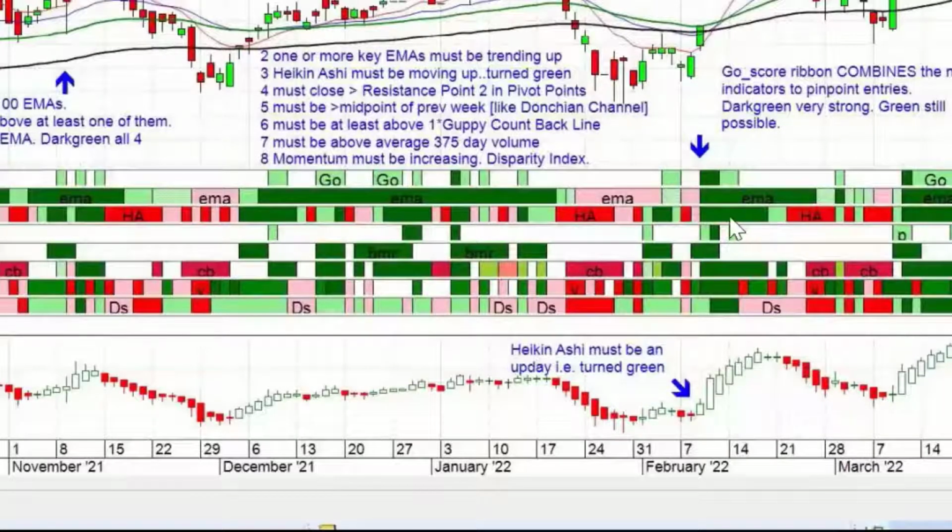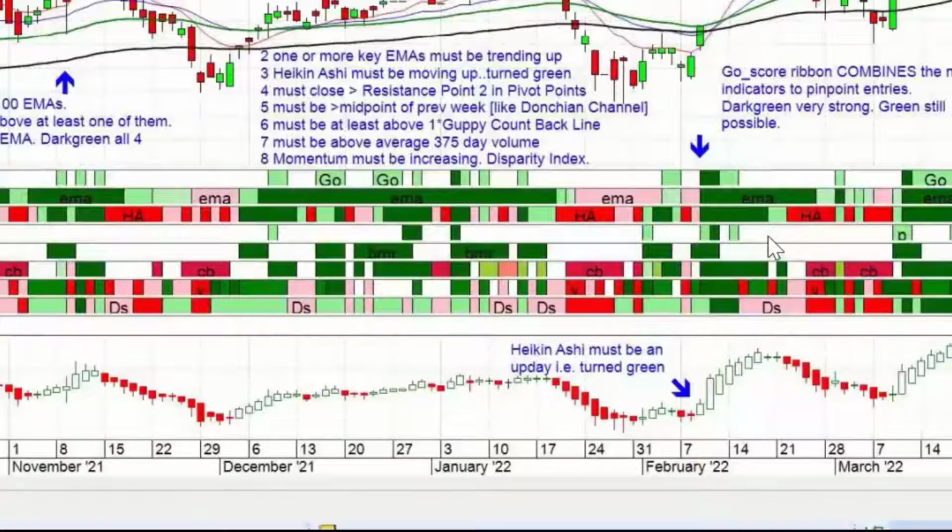I've elaborated on the candlesticks here. It just simply must be an up day. I fiddle about on the ribbon here. If it's got a little tail, there's weakness creeping in, which is reflected there in that light green. But simply put, the bottom line, it must be turned green, not red.